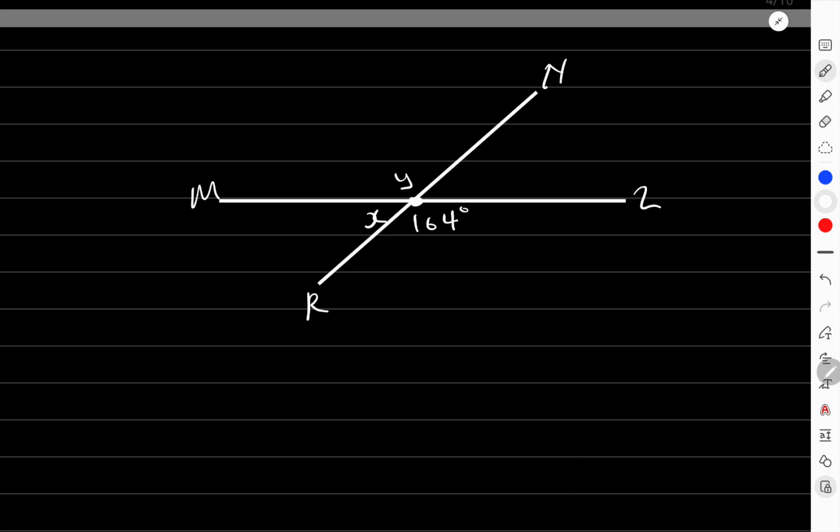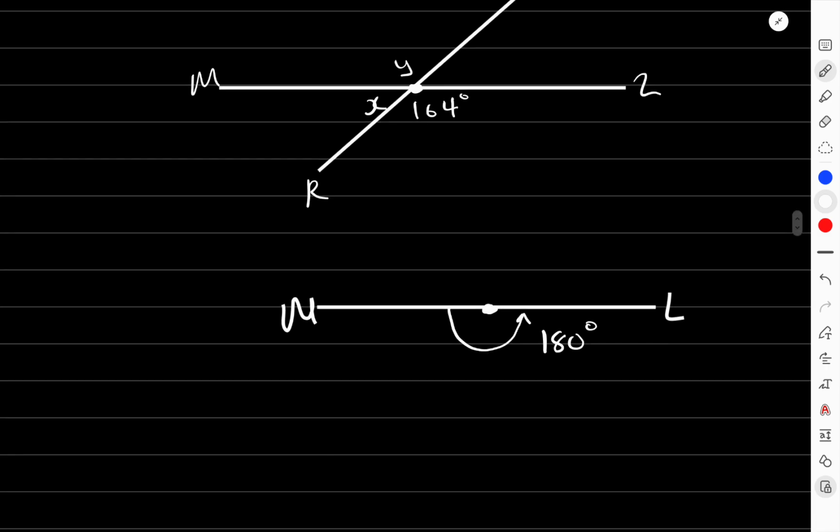For that, I'm going to see that line ML is a line like this, right? I'm going to have M here, I'm going to have L here. With that, I have a vertex which is found here. Now ML is a straight line, right? It means the angles that are found over there, all of them combined, should give us 180 degrees, because we know that the sum of angles in a straight line should give us 180 degrees.